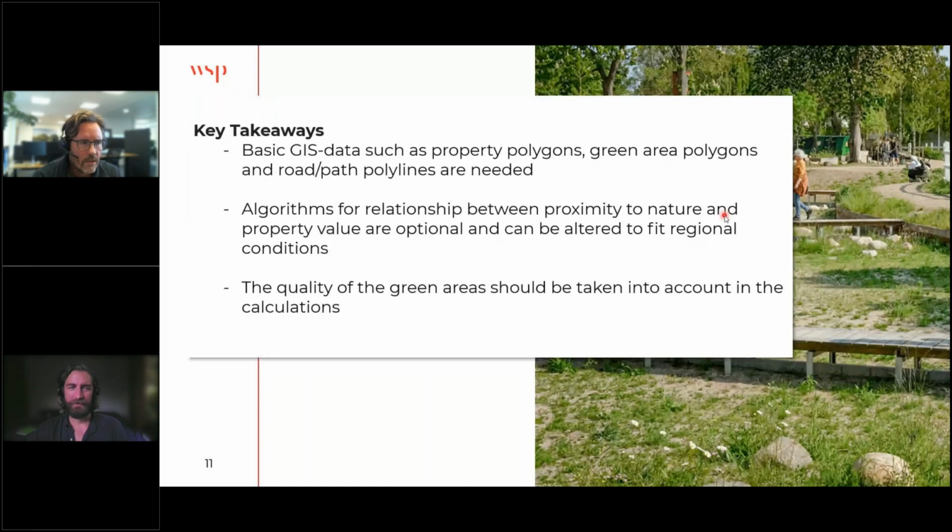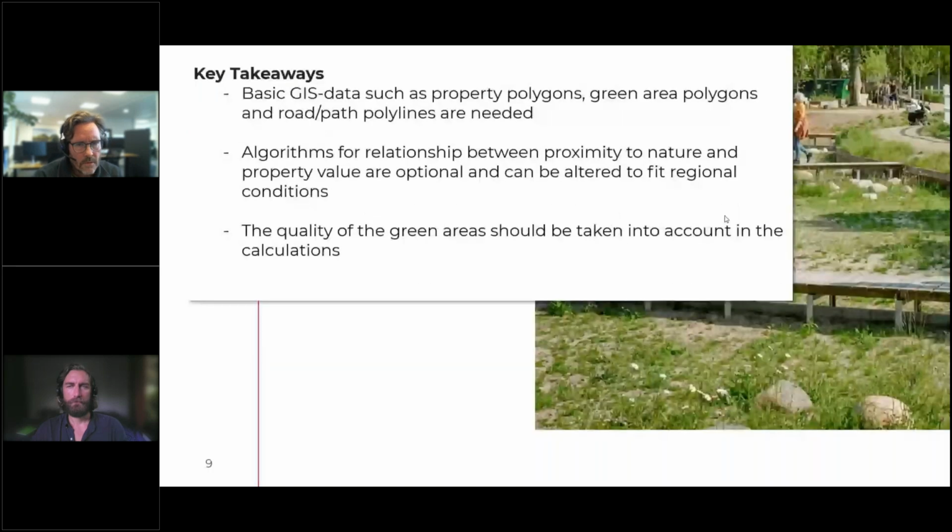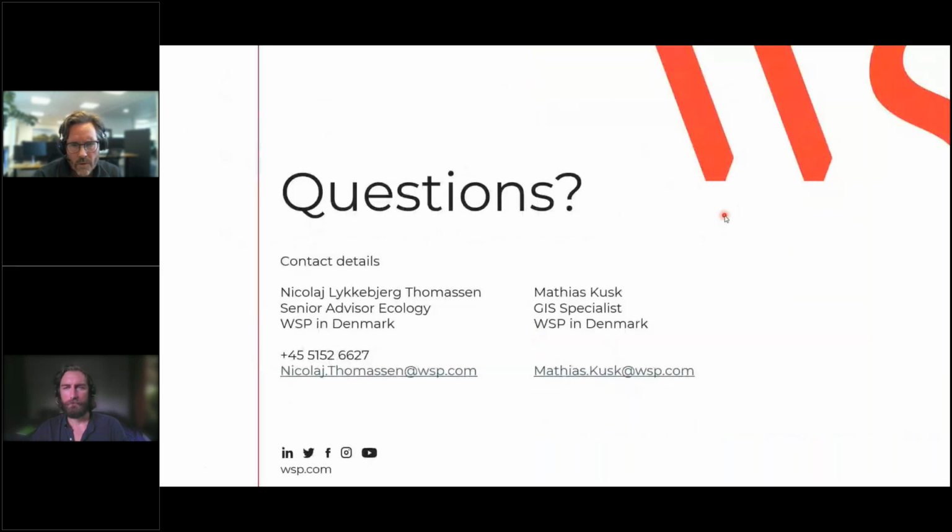So there is work to be done in order to refine these calculations in order to take the quality of the green areas into account. And I think that's about the tool.